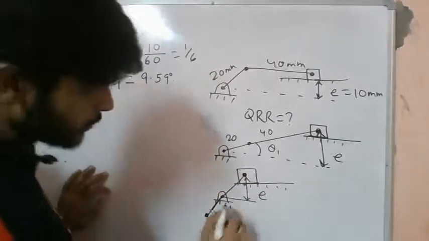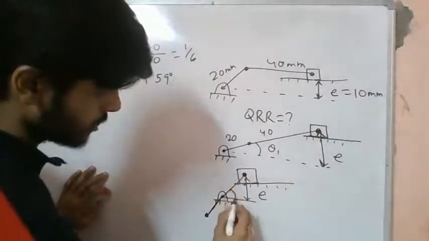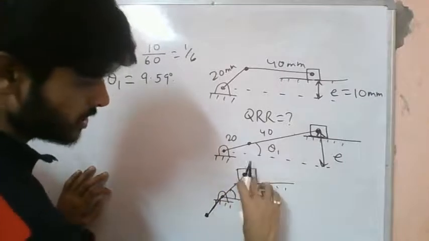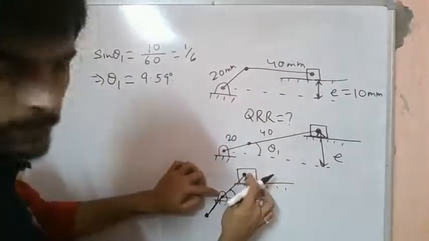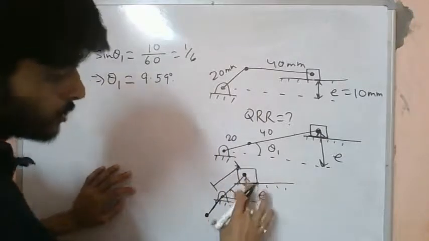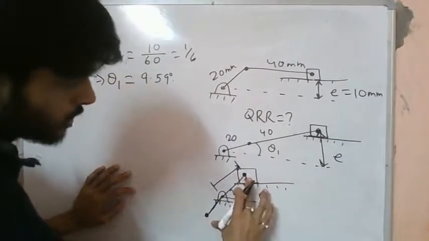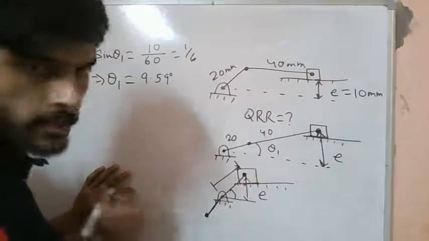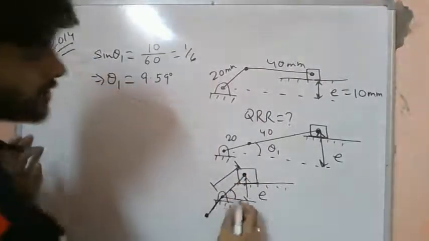So again, from this triangle we can find this angle. E divided by this distance, right? How much is this distance? Total 40 minus 20, so this is 20. Let's say this is angle theta 2.